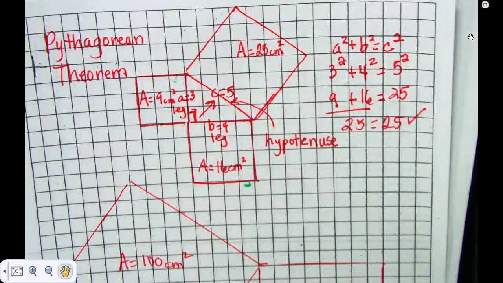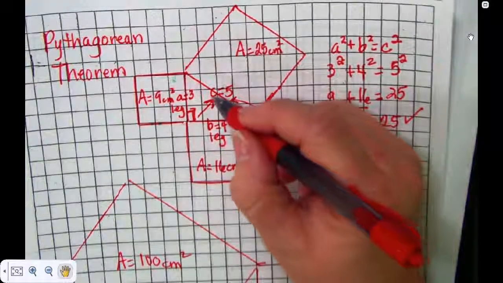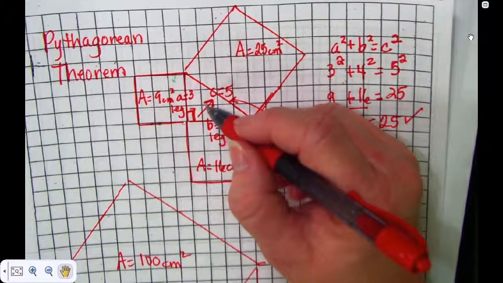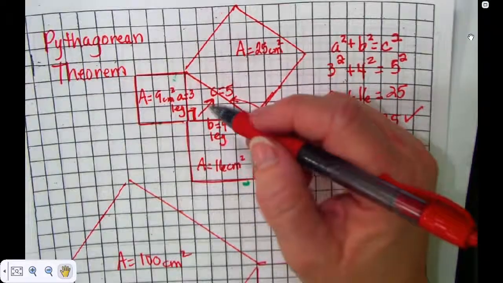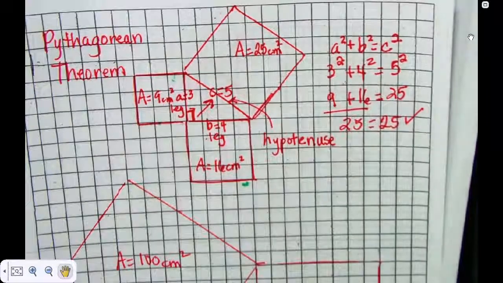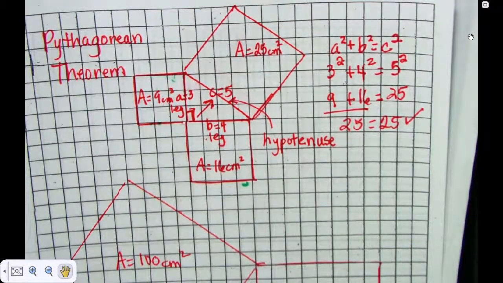It doesn't really matter which one. That's the second thing. The first thing, what do you have to remember? Side C is the longest side, across from the right angle. Second, A and B are the two shorter sides. You got that? Okay.